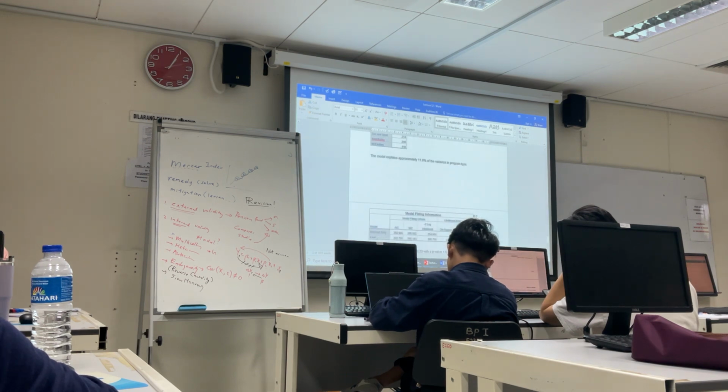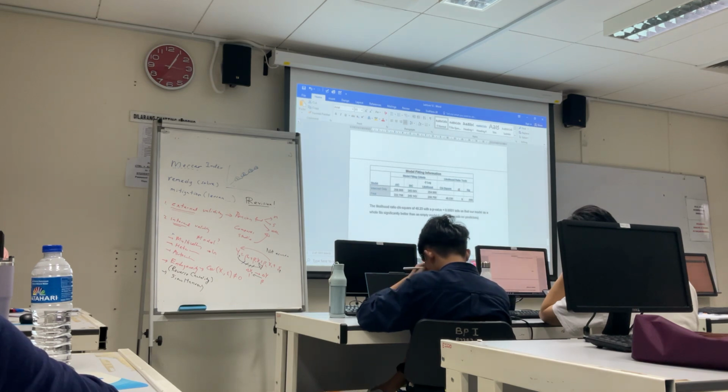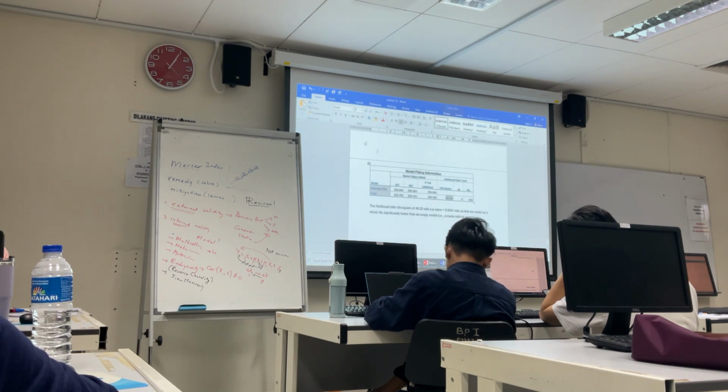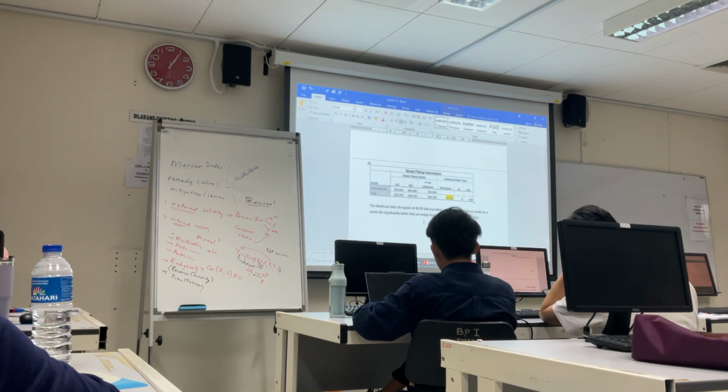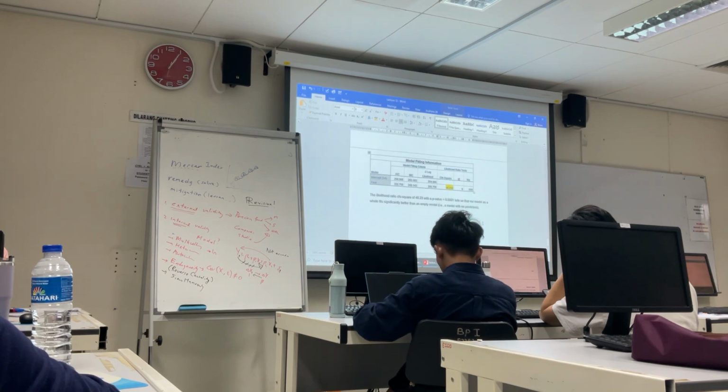The last one is the model fitting. The likelihood ratio chi-square is 48.23 with a p-value of less than 0.05, which tells us the model is significant and better than the empty model with no predictors.